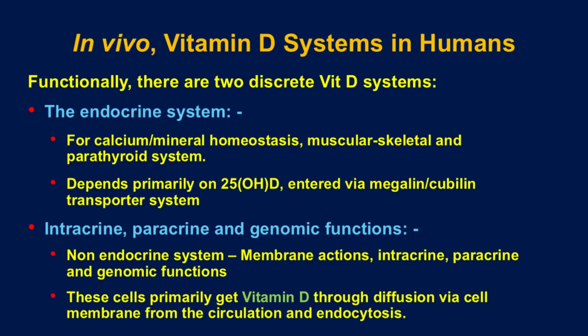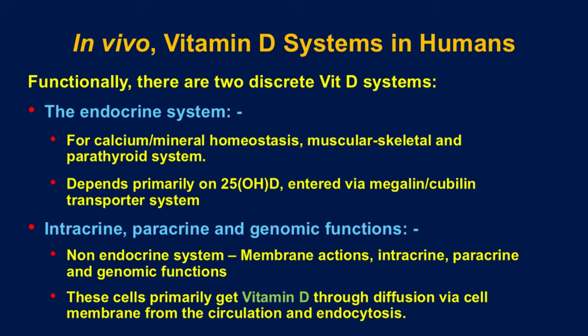Now I'm going to show you there are 2 fundamental vitamin D systems in humans. This is again an area of a lot of confusion, but I'm trying to simplify it so that it's easy to understand. The first one, the endocrine system, which everybody knows and which has been described and well tested over the past 50 years in vitamin D science, is primarily involved with calcium and mineral homeostasis.